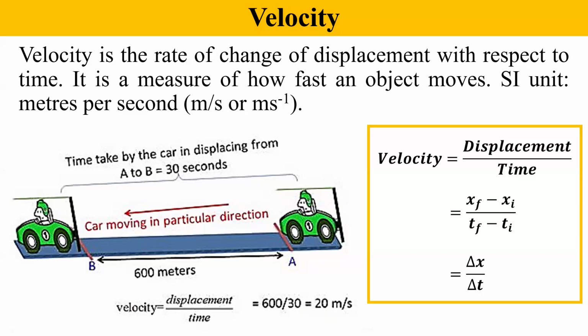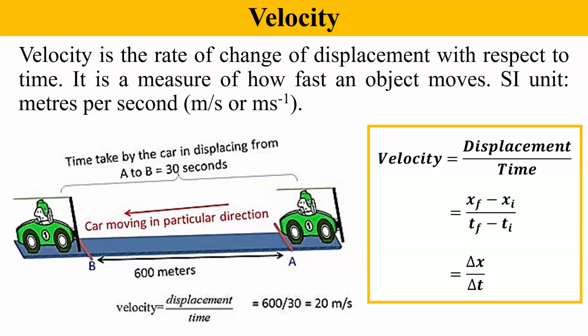So it may start at A and end at B, and that total displacement is 600 meters. And the time taken is 30 seconds. So it means, therefore, your velocity is going to be 600 divided by 30, and that will give you 20 meters per second.